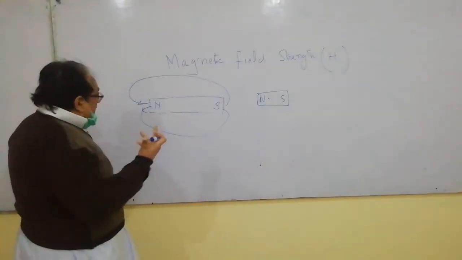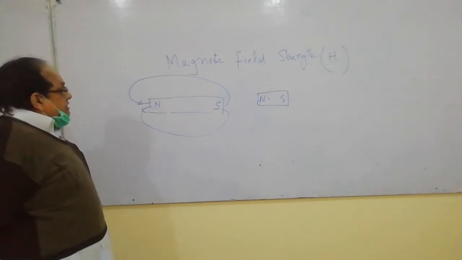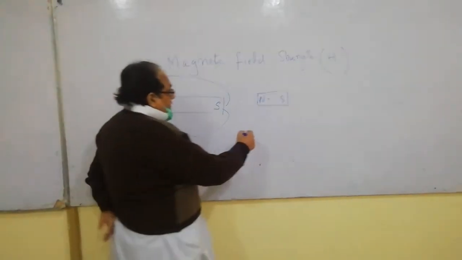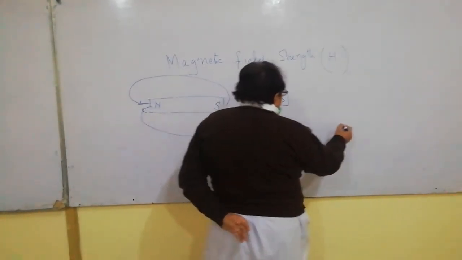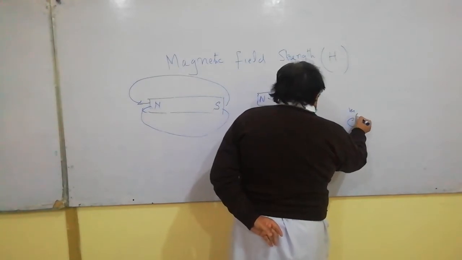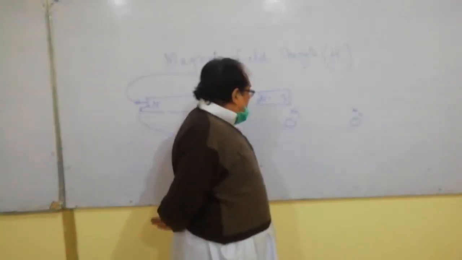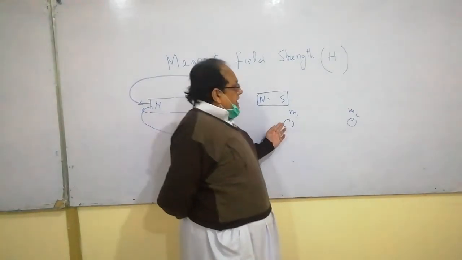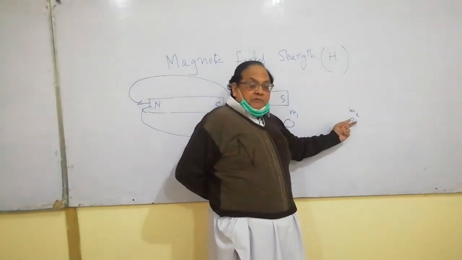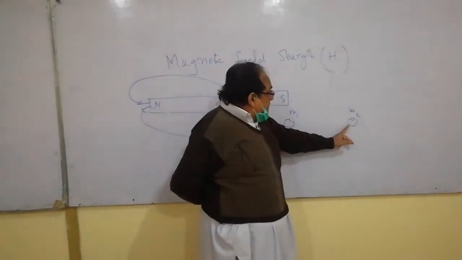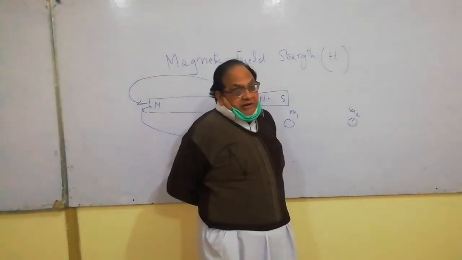But theoretically, we assume there are two poles, like M1 and M2. M1 is the pole strength of this pole, in Webers, and M2 is the pole strength of the second magnet.